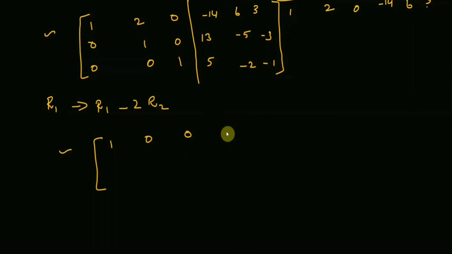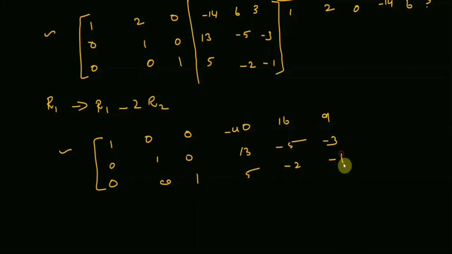So that will become minus 40. And this you are multiplying by minus 2 will become plus 10. So this will become 16. And this you are multiplying by minus 2, this will become plus 6. 3 plus 6 will become 9. Now the other rows as it is 0, 1, 0, 13, minus 5, minus 3, 0, 0, 1, 5, minus 2, minus 1.